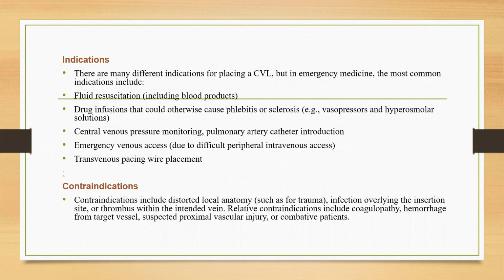But in emergency medicine, the most common indications include fluid resuscitation, including blood and blood products, drug infusions that could otherwise cause phlebitis or sclerosis, for example vasopressors and hyperosmolar solutions, central venous pressure monitoring, pulmonary artery catheter introduction, emergency venous access due to difficult peripheral IV access, and transvenous pacing wire placement.